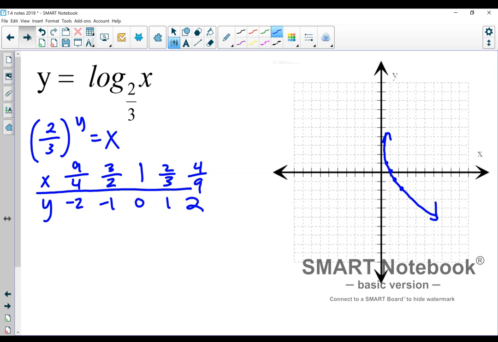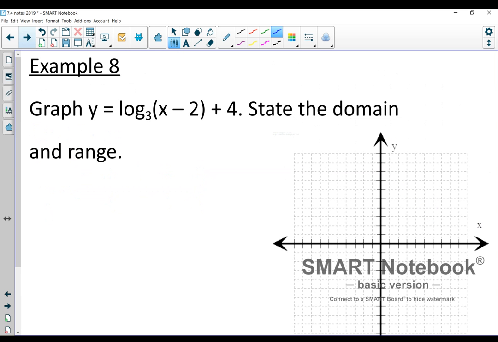And then we do want to look at graphing one where we have some shifting going on. Since it says x minus 2, that means I would shift it a positive 2 units in the x direction, so 2 right. So it's always, remember, opposite sign, same sign. Plus 4 is like my y-intercept, so it's going to go up 4. So I am not going to worry about the shifting right away.